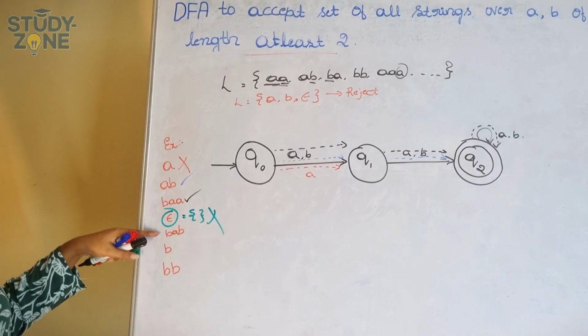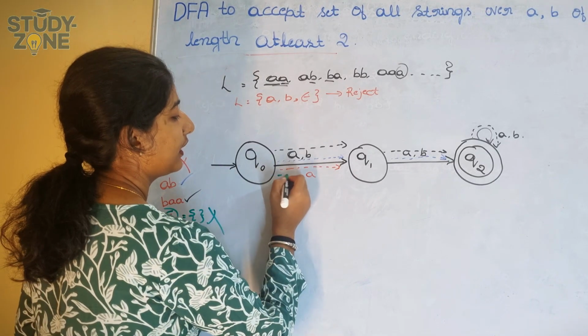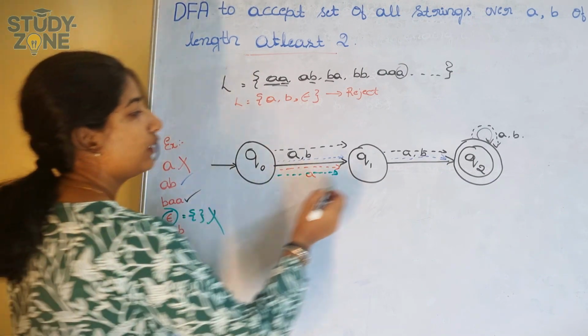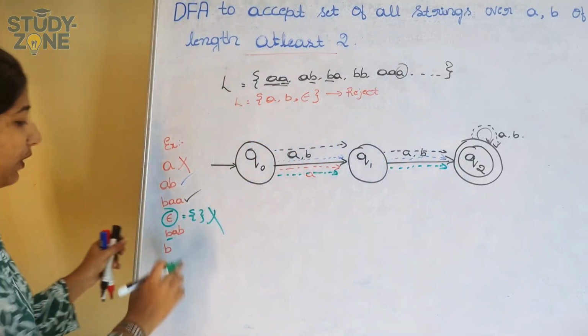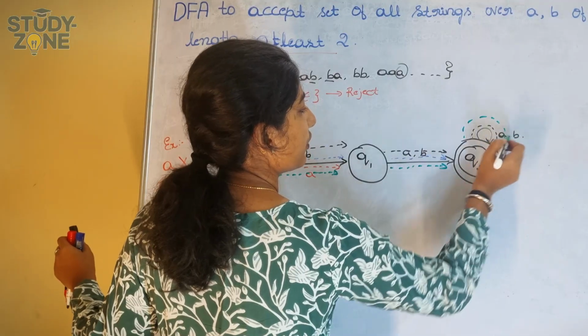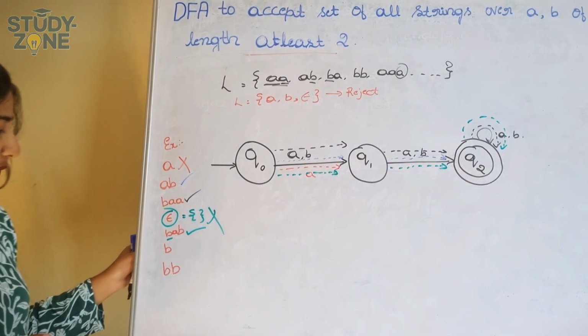And then I have BAB. So Q0 on B moving to Q1, done. Again A, Q1 on A moving to Q2, done. I have B there. So self loop. So this is the accepting state. So this one will get accepted.